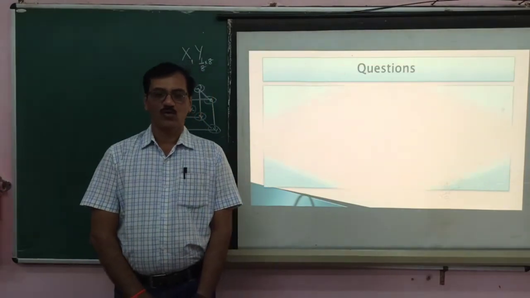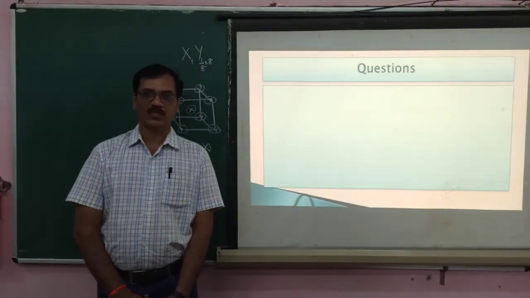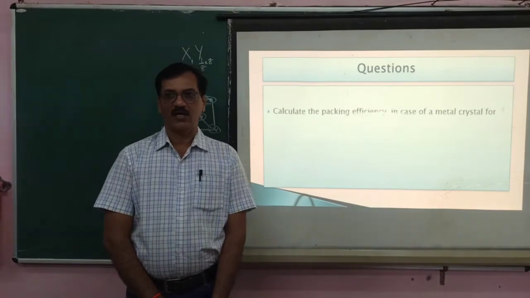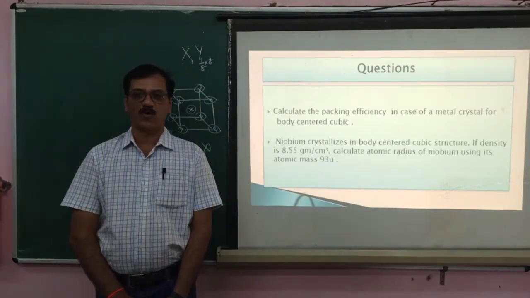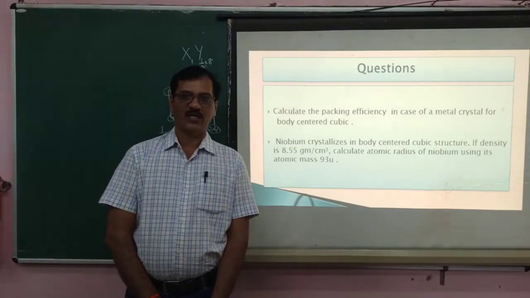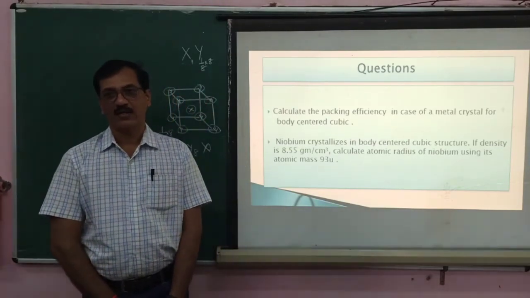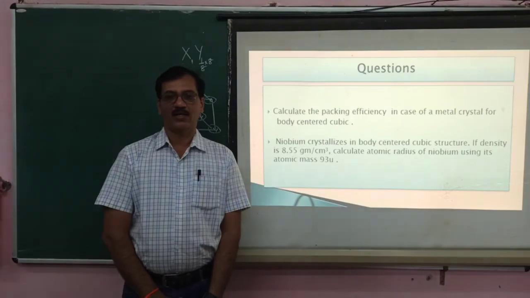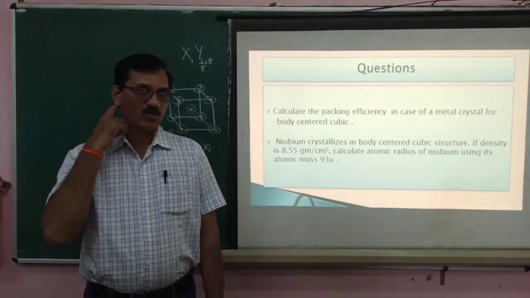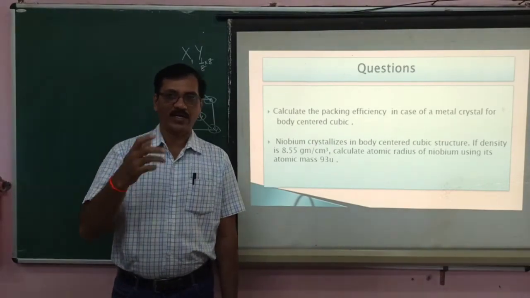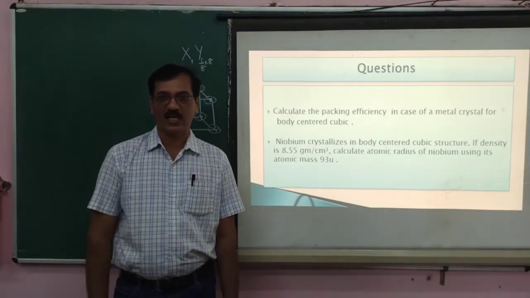A few questions to note here. Calculate the packing efficiency in case of a metal crystal for a body centered cubic. So derive this can be asked. You can derive the formula and also substitute and find out the percentage, that is 68%.